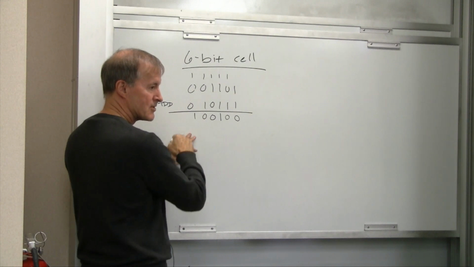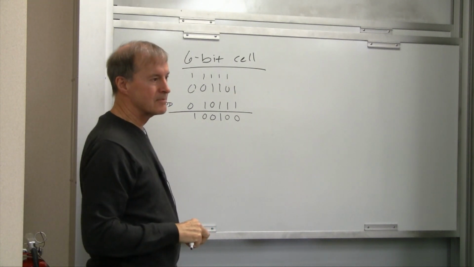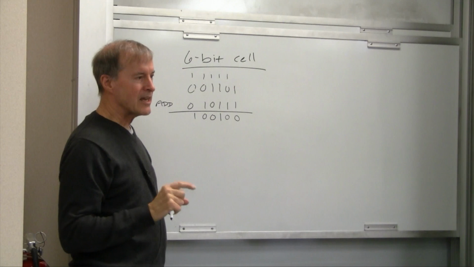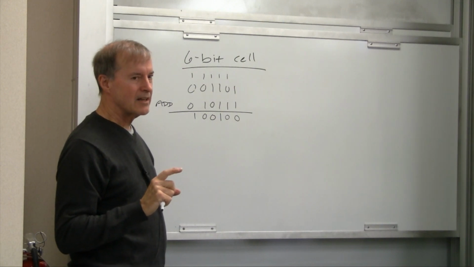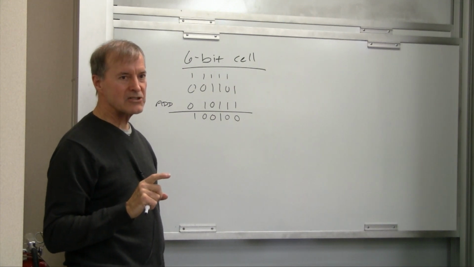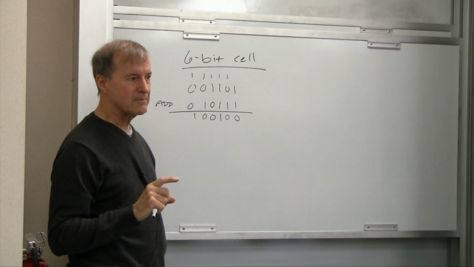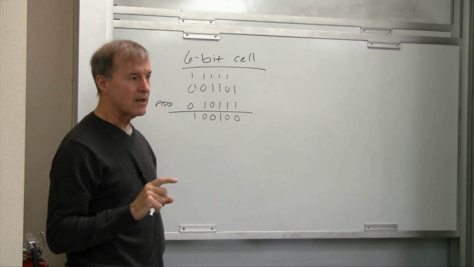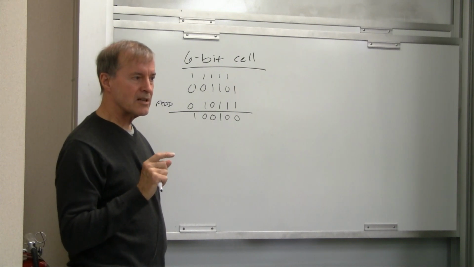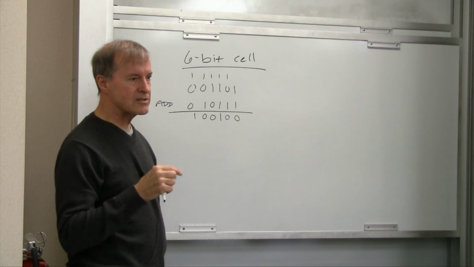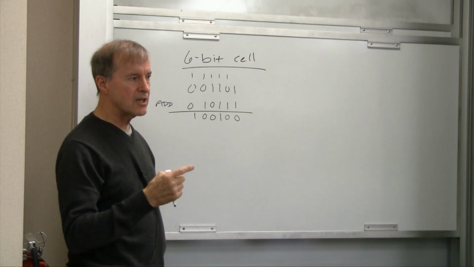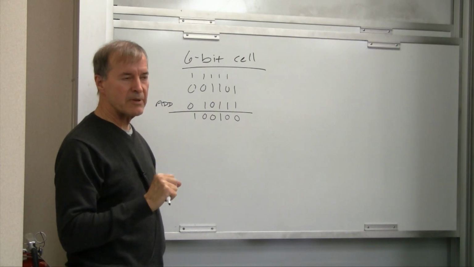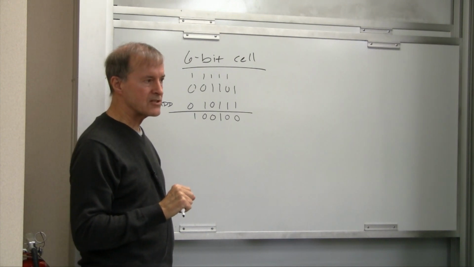The answer is, there is a special bit in the CPU. It is called the carry bit, and we're going to denote it by the letter C. It is an extra little bit in the central processing unit such that every time you do an operation, the carry out is stored in that bit. It's called the carry bit.